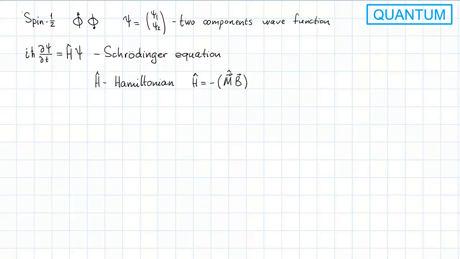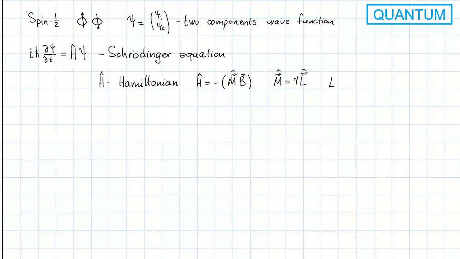As in the classical case, here we also assume that the magnetic moment operator m is proportional to the angular momentum operator L via the coefficient gamma. And angular momentum operator L can be expressed via the vector spin operator S, which is basically proportional to Pauli matrices for spin 1/2 particle.